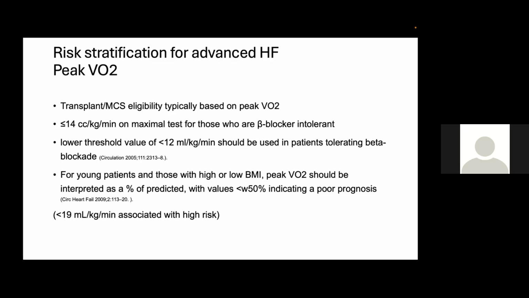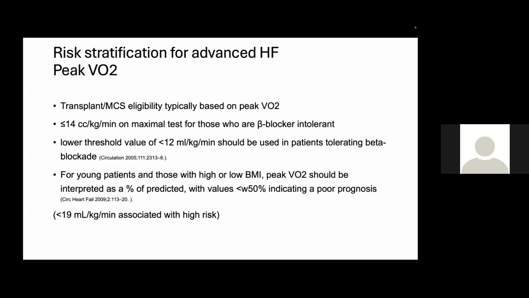Also, we can identify the patient's need for transplantation. So they mentioned if the peak VO2 is less than 14, that means it showed poor prognosis, and we should consider transplantation or a ventricular assist device. But we need to make sure the patient is not on beta blockers.